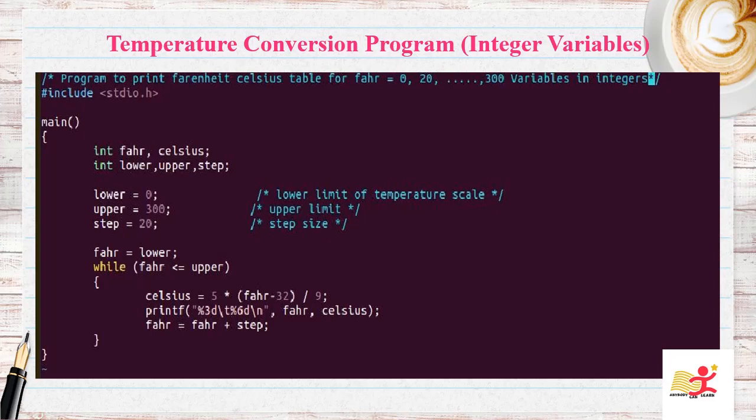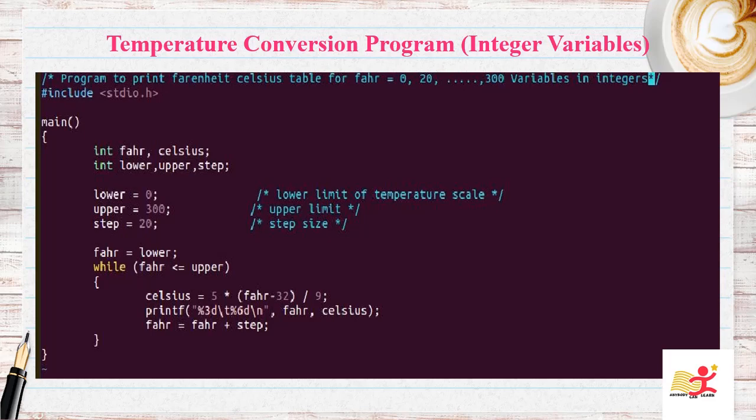And coming to the printf statement, its first argument is a string of characters to be printed, with each percent sign indicating where one of the other arguments is to be substituted and in what form it is to be printed. You can see printf("%3d\t%6d\n", fahr, celsius).